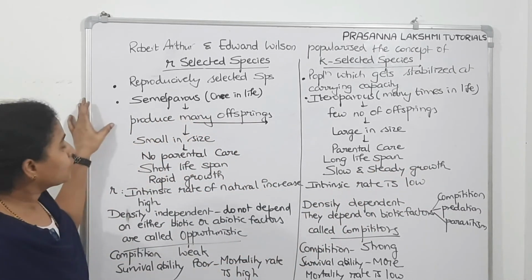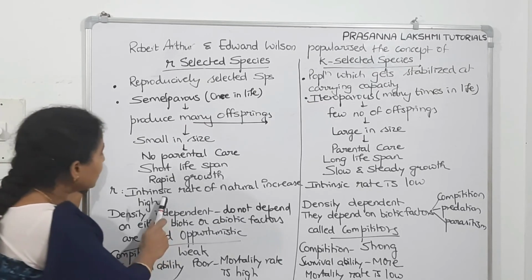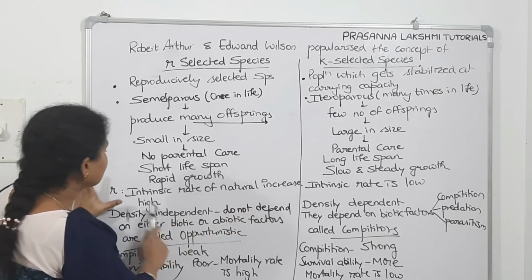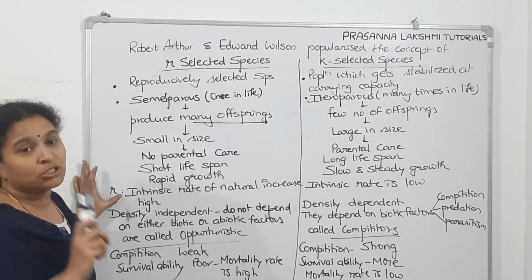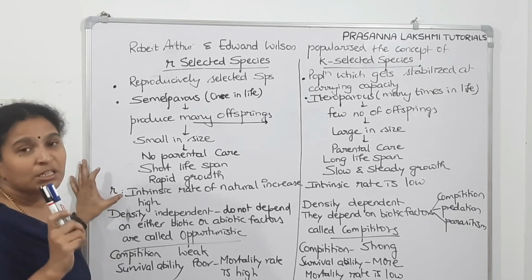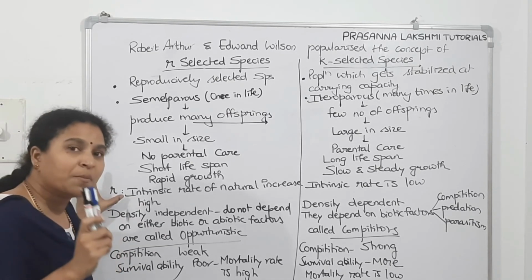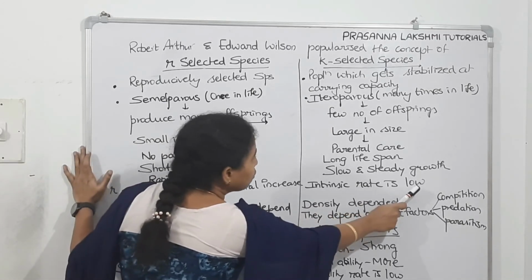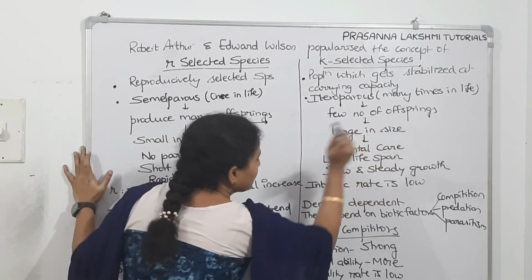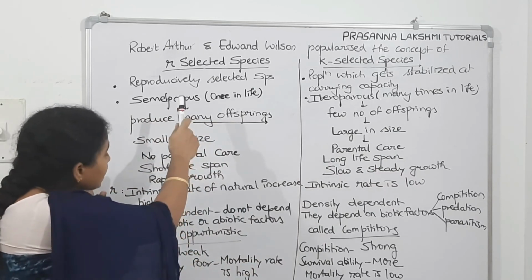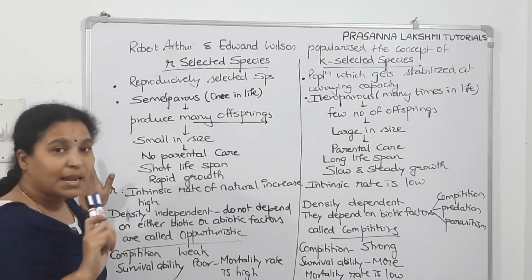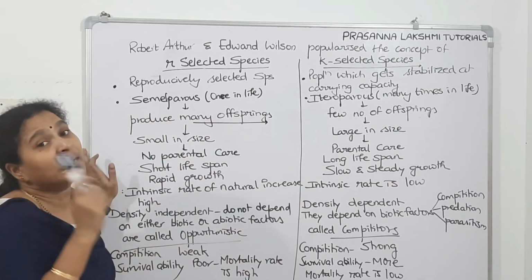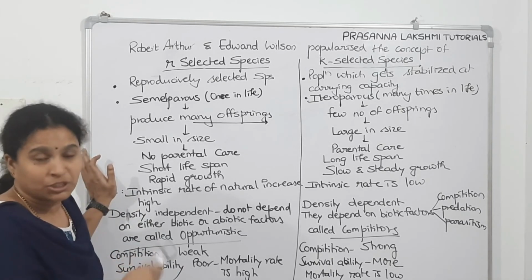Since more offspring are formed here, the intrinsic rate of natural increase is high. That's the biotic potential. For semelparous, that means for R selected species, the biotic potential is high. And here, the intrinsic rate of natural increase is low. Why? Because fewer offspring are formed. And these are density independent. They don't depend on biotic or abiotic factors. They are opportunists.